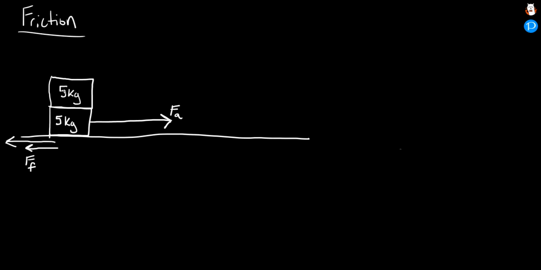Because if I add more mass, I'm putting more force downwards, or in other words, the ground is going to have to push up with more force. These two surfaces, the ground and the block, are going to be pushed tighter together, which is going to increase the friction. It's going to be harder for me to pull because the two surfaces in contact are pushed against each other with more force.